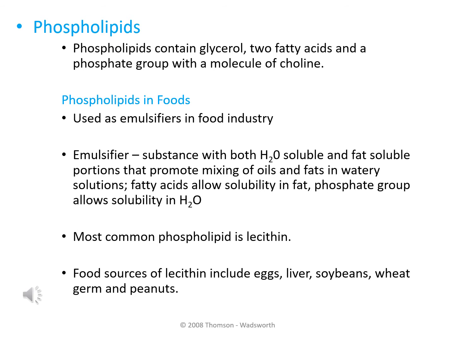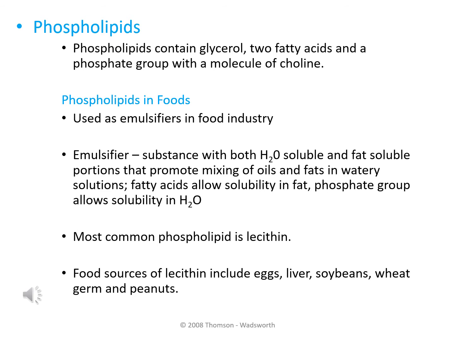Think about what happens if you try to mix together oil and water. The oil simply floats on top of the watery surface. It doesn't come together, it doesn't mix. For that to mix together and stay together, what's required is an emulsifier.